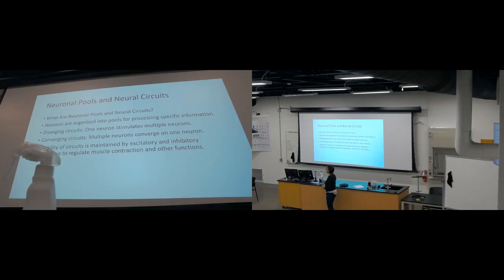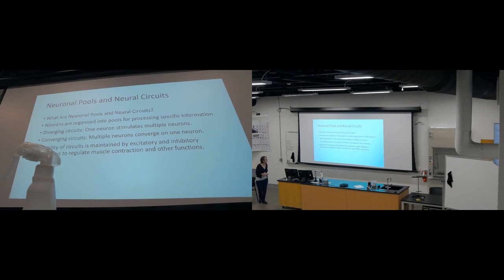This is called diverging circuits, or some can narrow down that information that you receive, and in this case, these will be converging circuits. So in divergent circuits, one neuron stimulates multiple neurons, and convergent is the opposite. Multiple neurons can stimulate a single neuron.